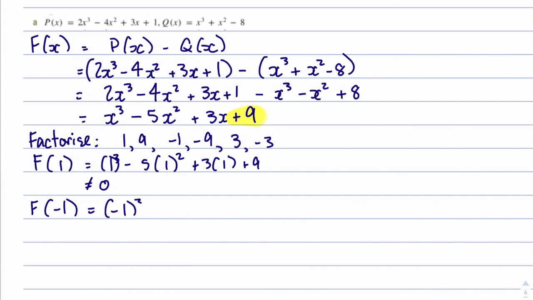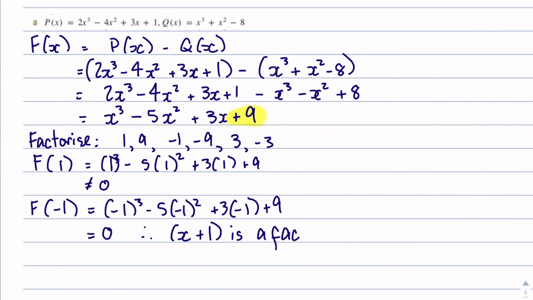Negative 1 cubed take 5 times negative 1 squared plus 3 times negative 1 plus 9. Negative 1 take 5 take 3 is negative 9 plus 9 equals 0. Therefore, x plus 1 is a factor. Good, we've made a good start.